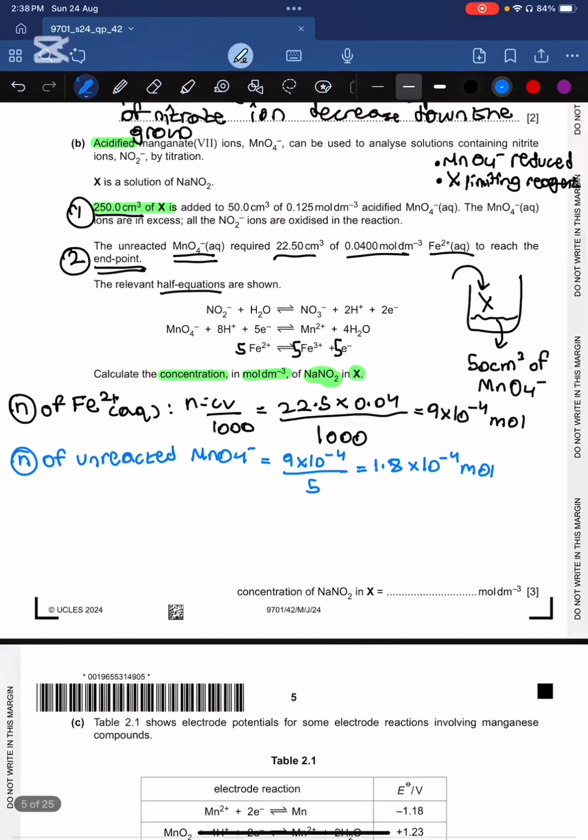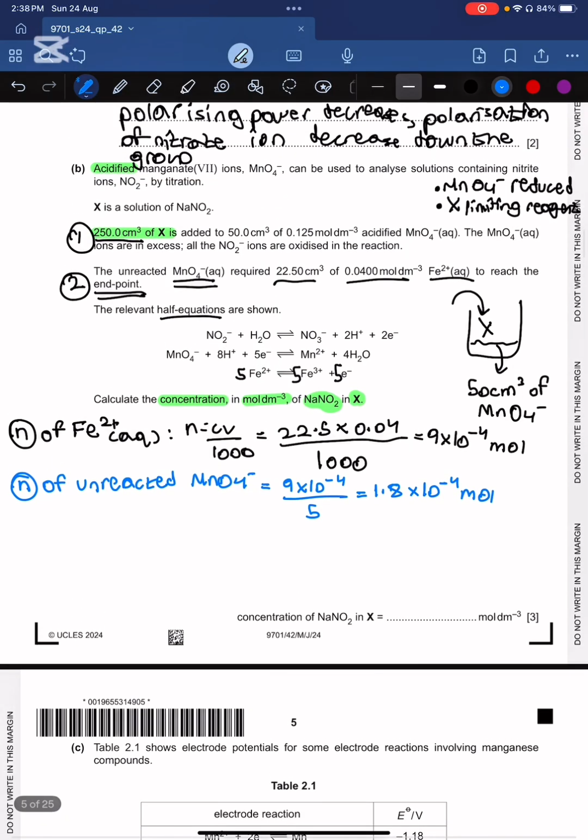Now let's understand something. I had the total moles right here. I can just do Cv over 1000. I have the unreacted moles also, which means that if I do total minus unreacted, I will get the reacted moles, which have reacted with X. But before that, I need to find the total moles.